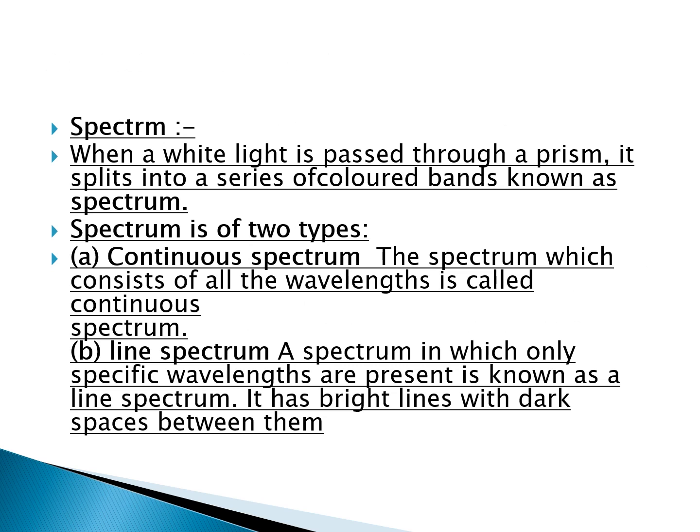Now, what is spectrum? When white light is passed through a prism, it splits into a series of color bands, and it is known as spectrum. A spectrum is of two types: continuous spectrum and line spectrum. Continuous spectrum is the spectrum which consists of all the wavelengths.